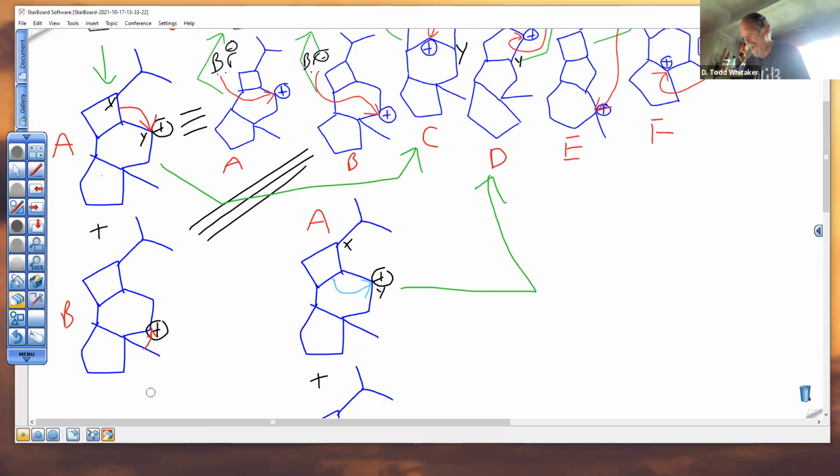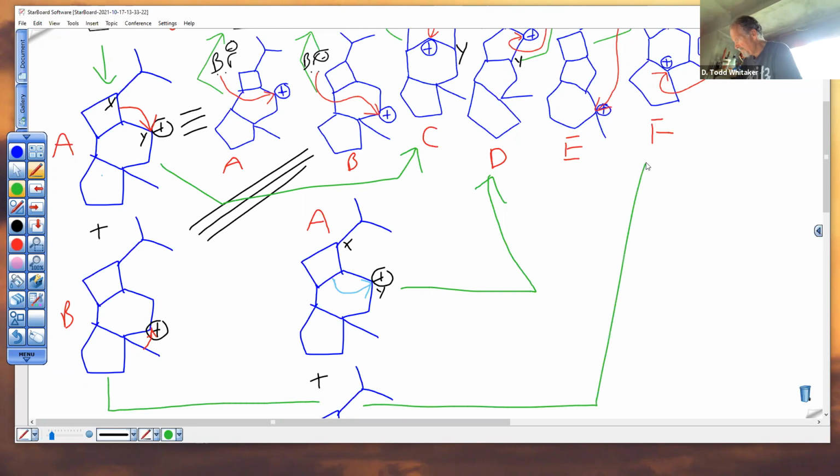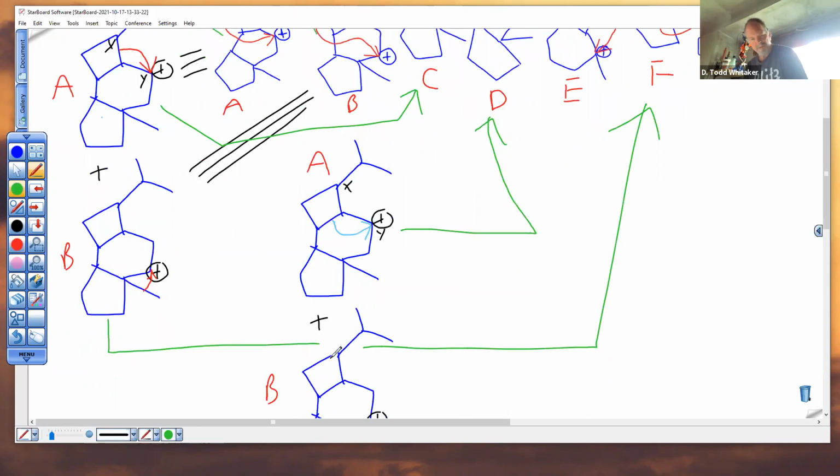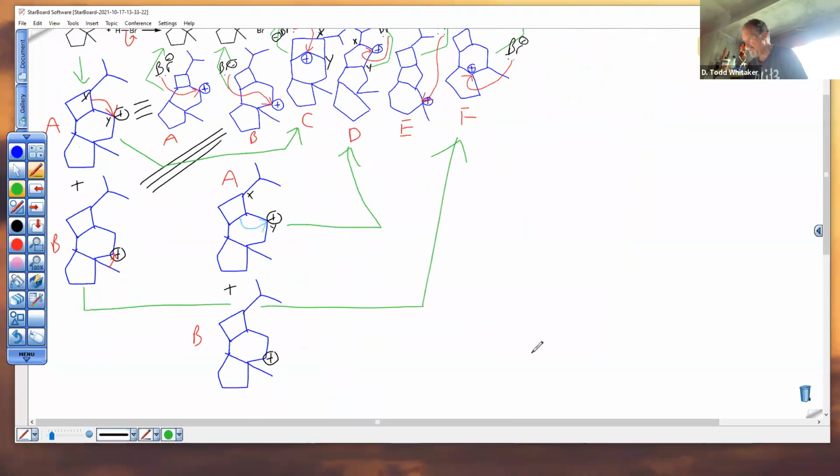And that goes to F. And this guy is the other one. Shrinking down. Got to go to E. Well, in E, the cyclopentyl becomes a cyclohexyl. So this guy, instead of the methyl moving, that guy moves, and that gives E.